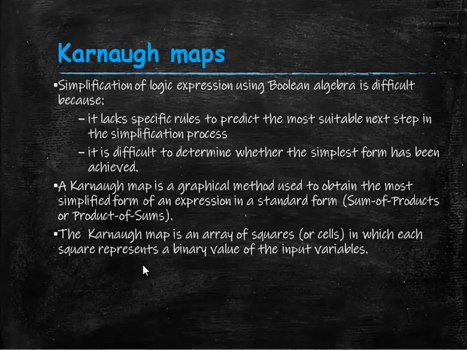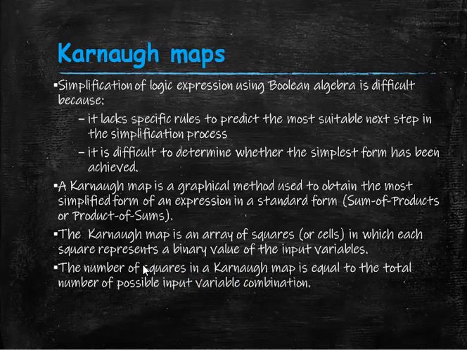We know that in logic expressions, we have come across 2 variable expressions, 3 variable expressions, or 4 variable expressions, etc. And the number of squares in a Karnaugh map is equal to the total number of possible input variable combinations.